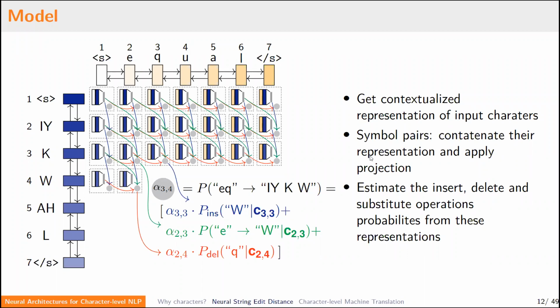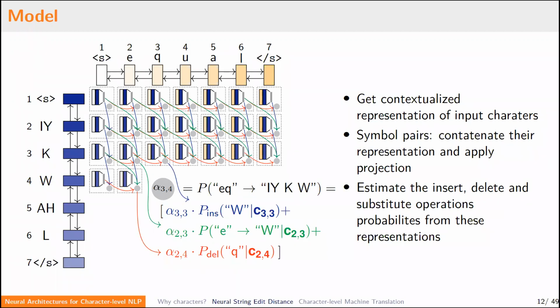And we do basically the same that I showed with the table with kitten and sitting. We compute the probability that EQ is derived into EQ by just taking the previously computed values.